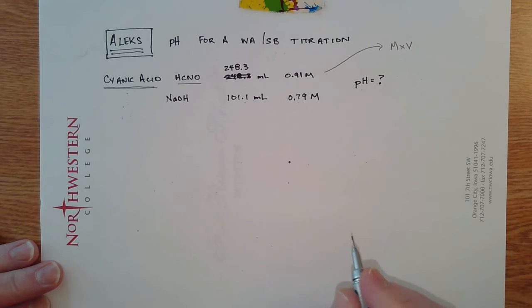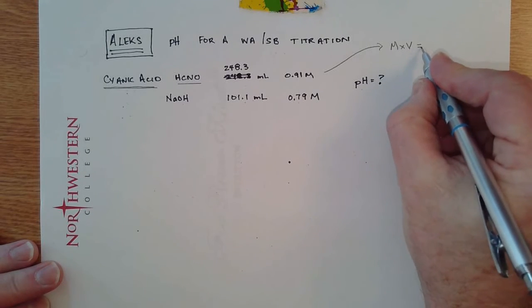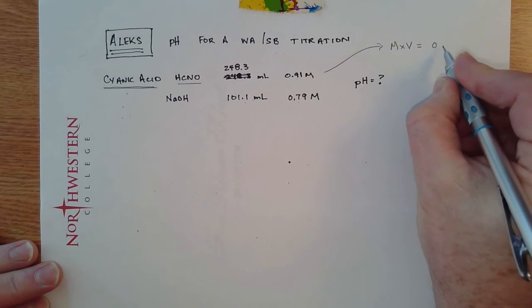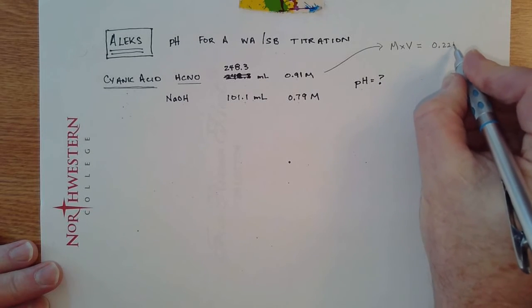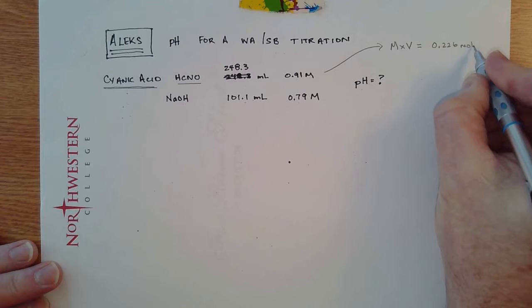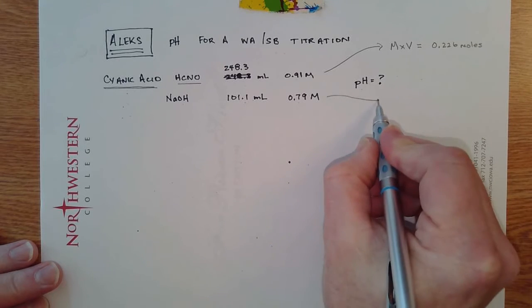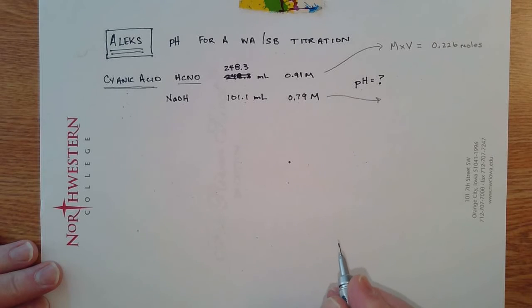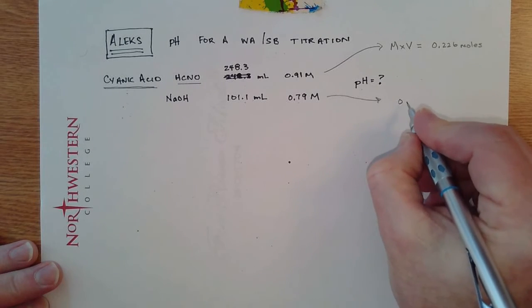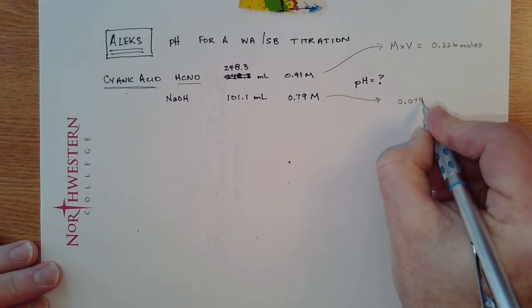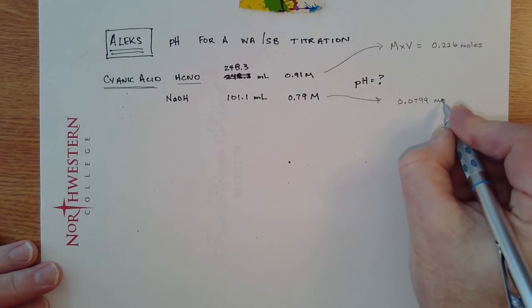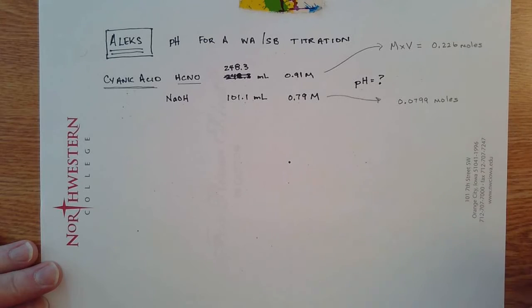And if you have molarity times volume for the amounts given here, we end up with 0.226 moles. We can do the same thing for the NaOH, and when we do that, we end up with 0.0799 moles. Now you can pause the video here and convince yourself that my math is correct if you wish.